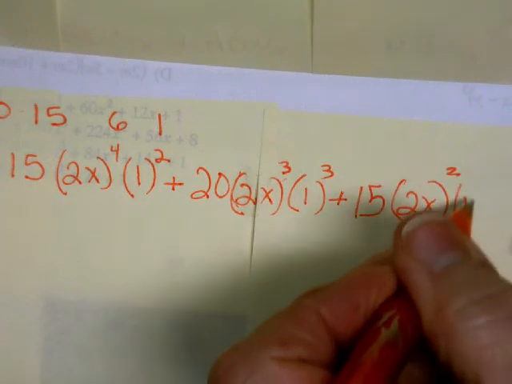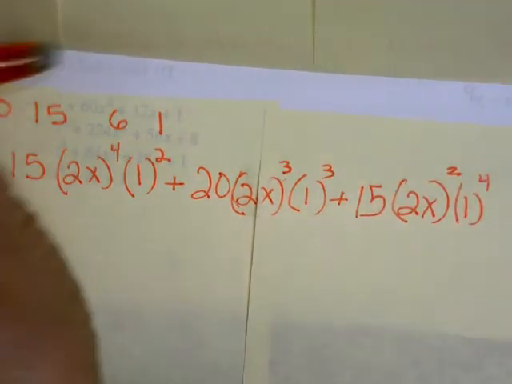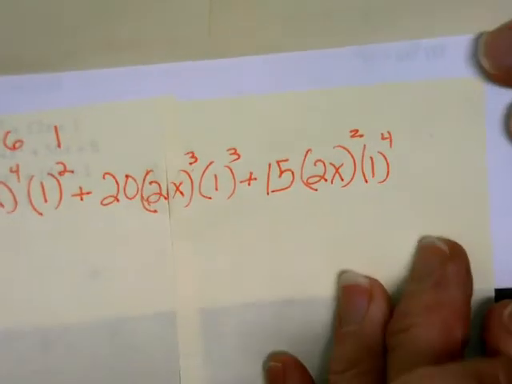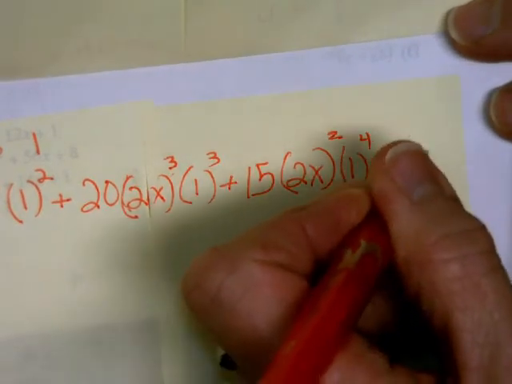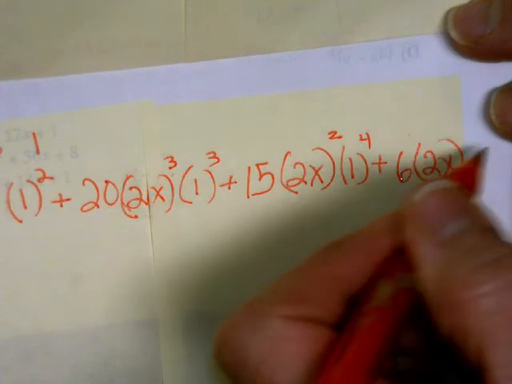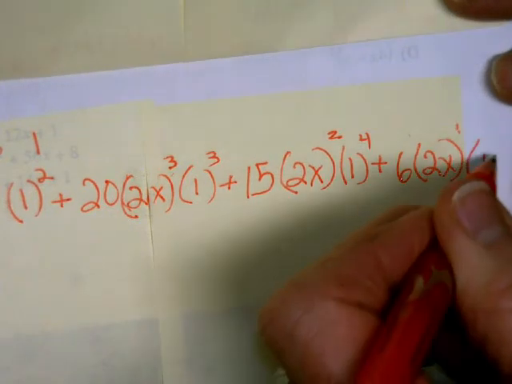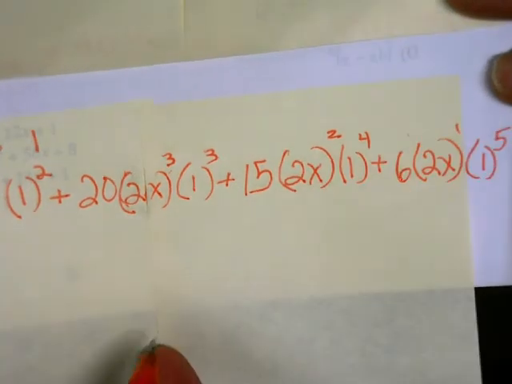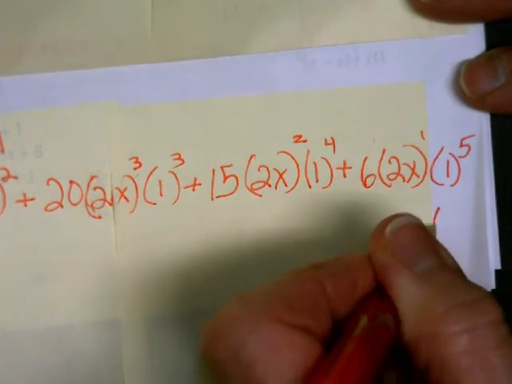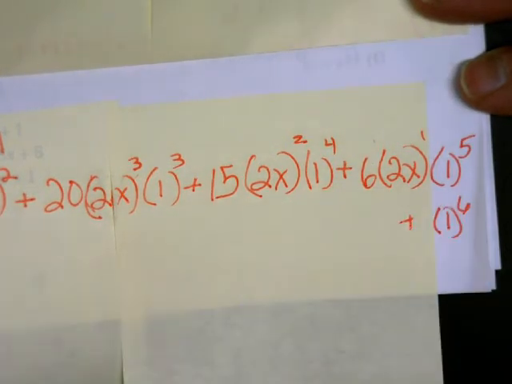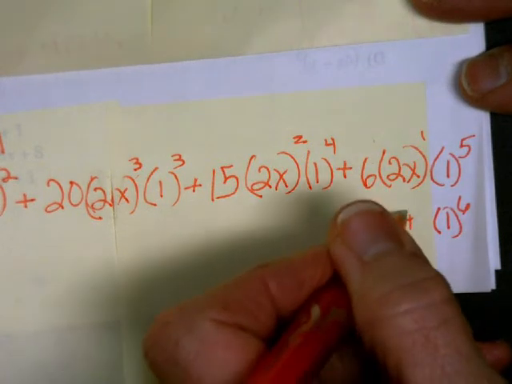Okay. So I go 1, 6, 15, 20, and then I go back down to 15. And this is 1 to the 4th power. Yep, I'm going to have to go on the next line off my sticky note. Okay, this guy is the 6th, and 2x to the 1st. And 1 to the 5th, and I guess my last one's not bad to write.